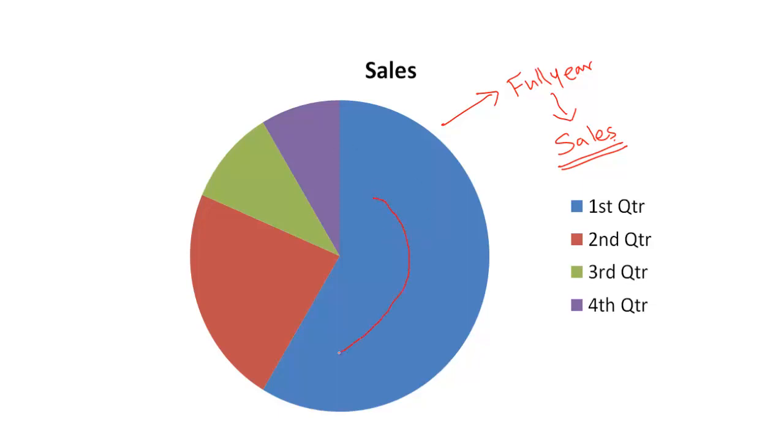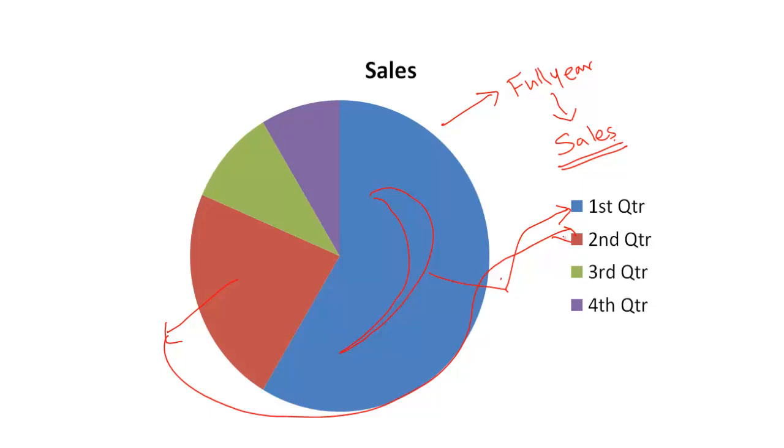The majority of the sales has come from this region. This region is nothing but the first quarter. So by looking at the pie, you understand that the majority of sales have taken place in the first quarter. Then the second majority has come from this quarter, that is your second quarter.